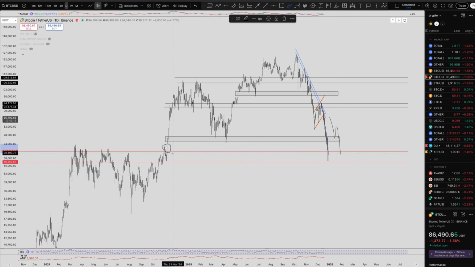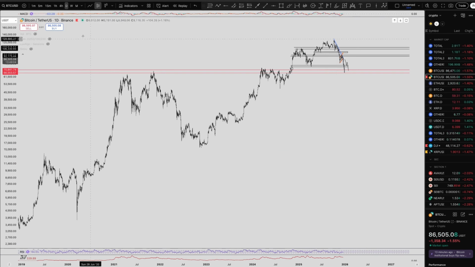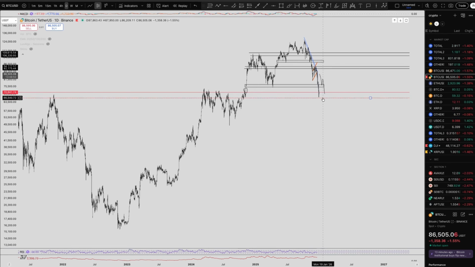And here, there's another very important support. These two red lines that I've drawn are very important support levels. As you know, on the daily time frame, these two red lines are very important support levels, and they're the all-time highs from 2021. That's why it's really important for Bitcoin to hold itself here.